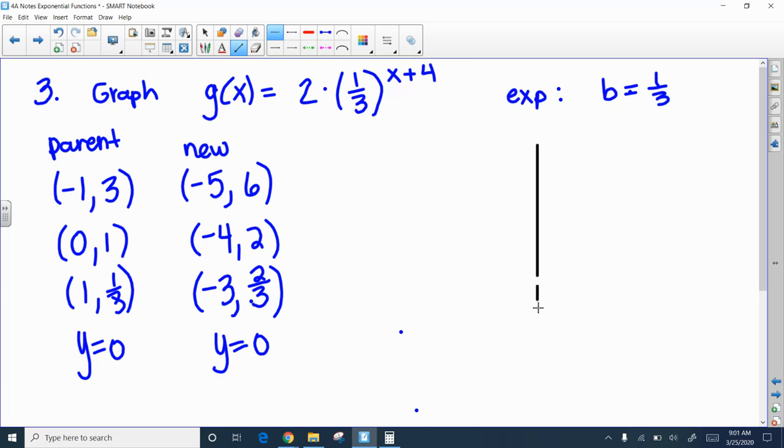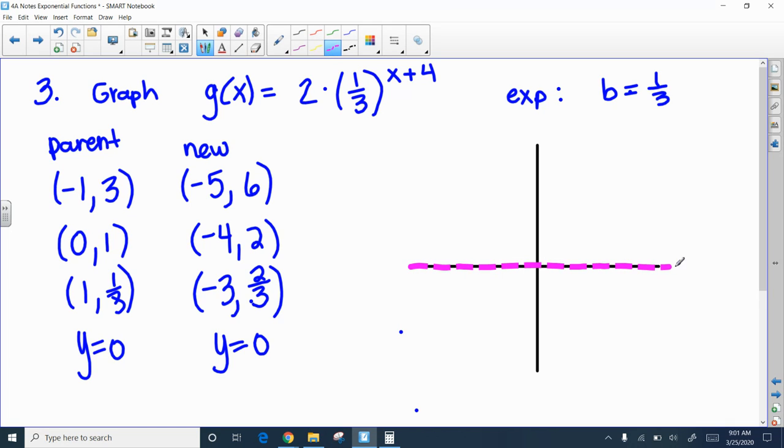And here's what the graph looks like. So our asymptote's at y equals 0. And then plotting these points, we have a point at -5, 6, -4, 2, and -3, 2/3, which is just a little bit above the axis.